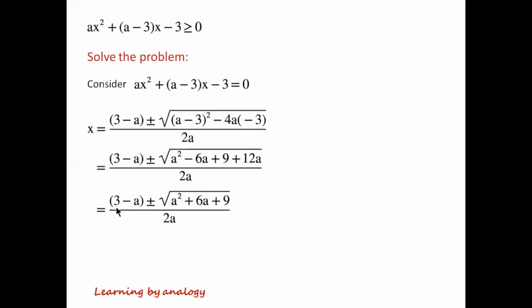Simplifying further, we have (3 − a) ± the square root of a² + 6a + 9, over 2a, which can be written as (3 − a) ± the square root of (a + 3)², over 2a.